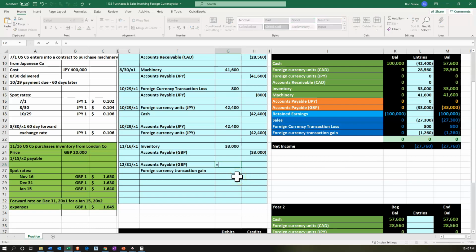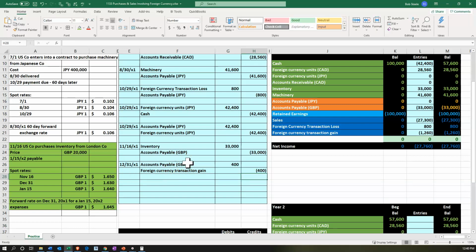So this is going to be the 20,000. Let's do it this way. Hold on a second. This is going to be equal to brackets. I'm going to take the bigger of the two numbers, this number minus this number, to make it a positive on the debit side. Close up the brackets times the 20,000. So the difference between those two rates times the 20,000 is another way to calculate that $400 change. So there's the debit and the credit.